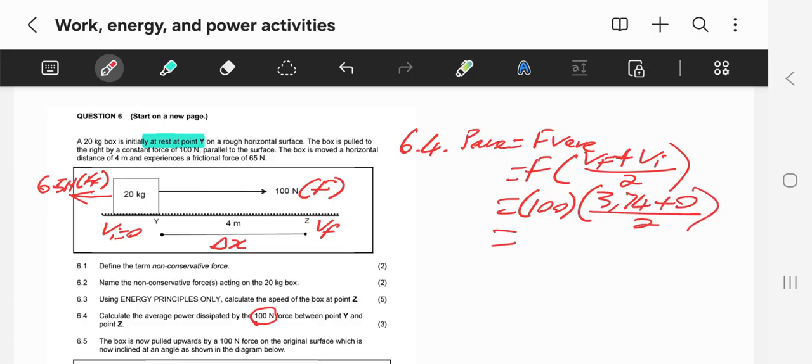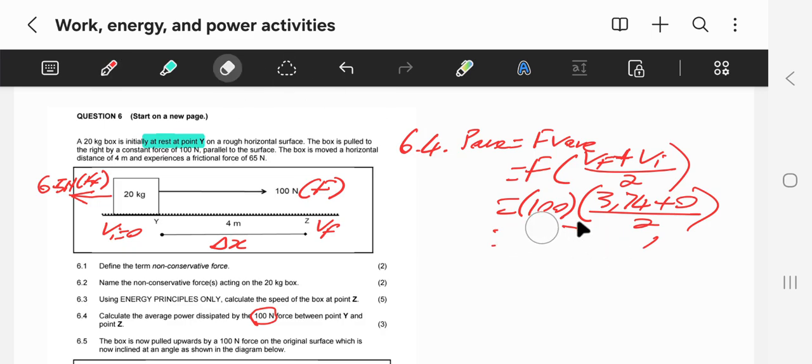When we go to the calculator, 100 multiplied by 3,74 divided by 2, the answer I get is 187 watts.